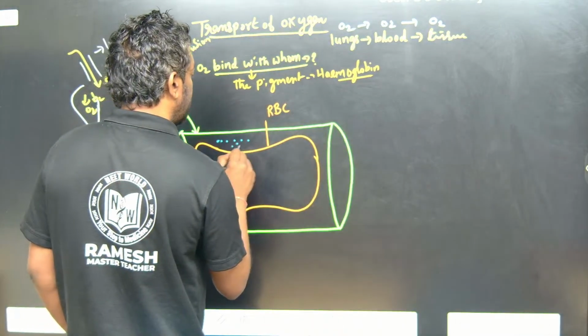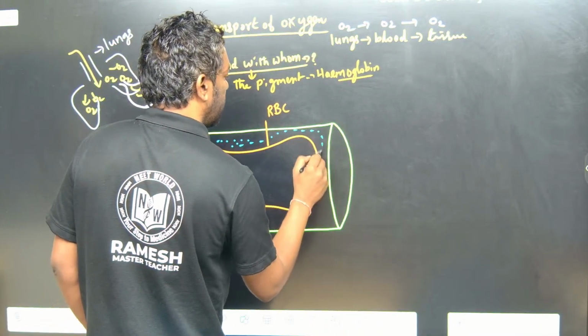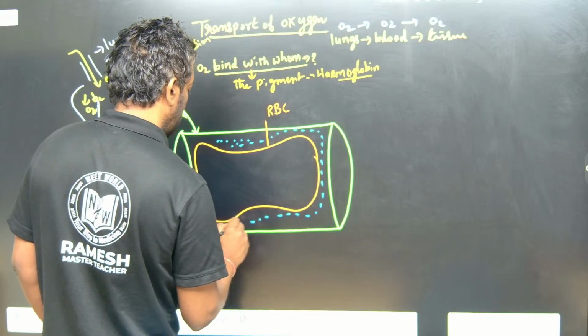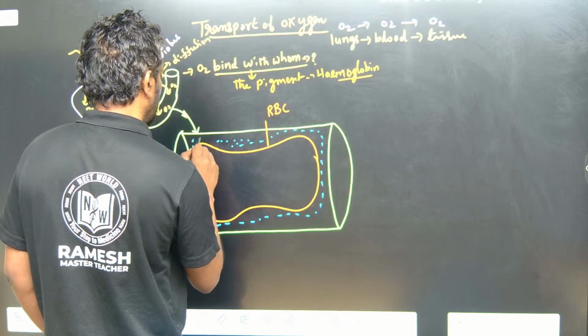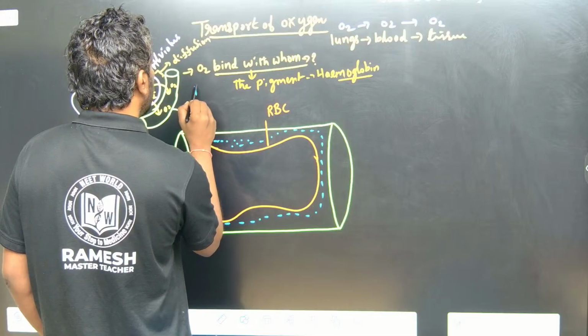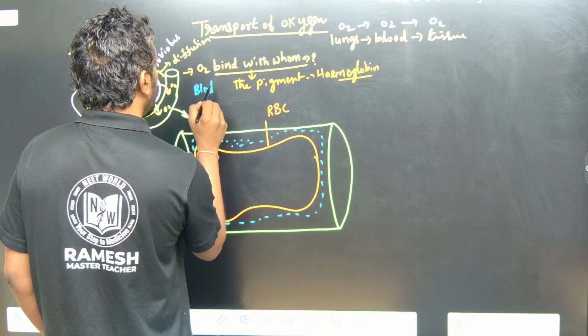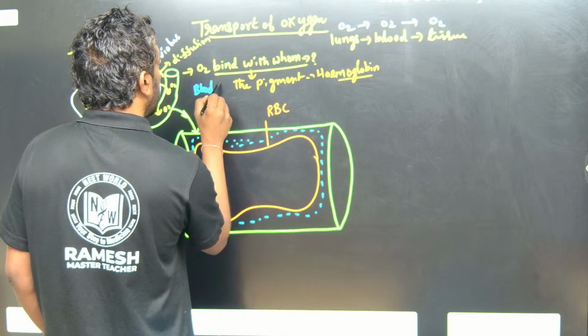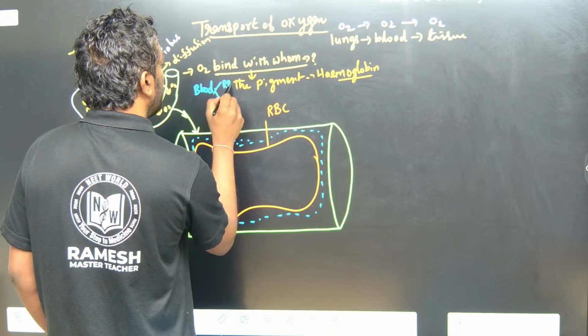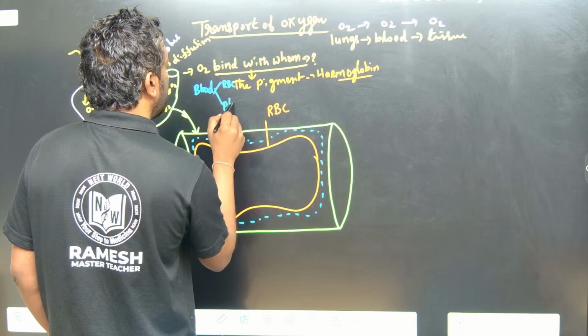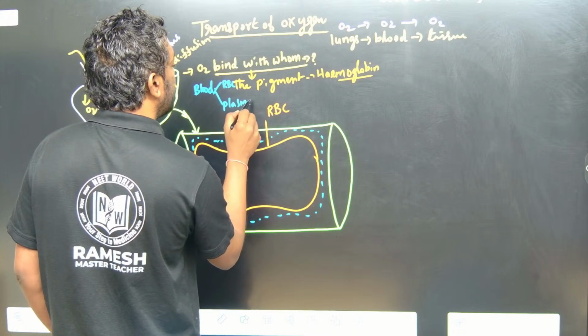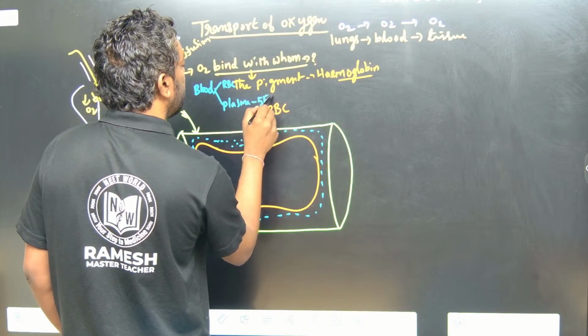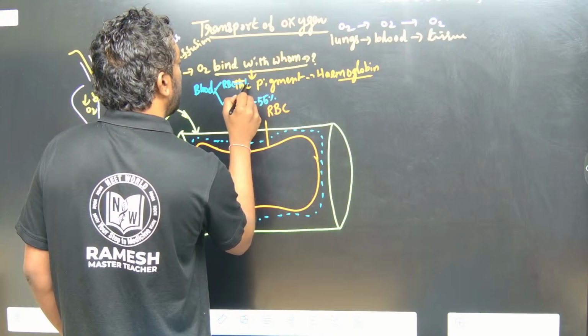This is plasma. Blood is nothing but RBC and plasma. Plasma is about 55%, and blood cells, RBC, about 45%.